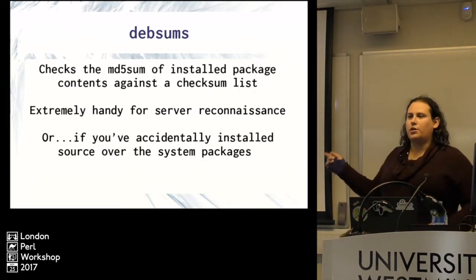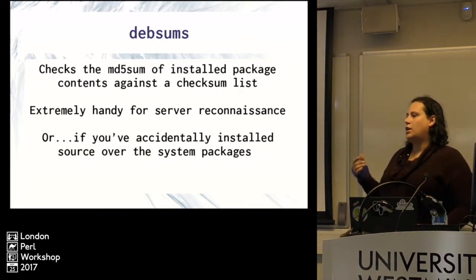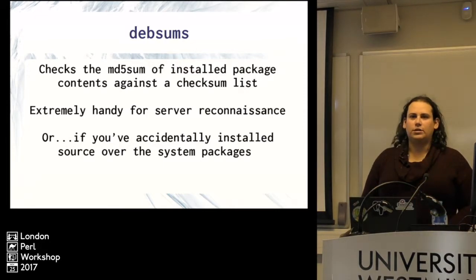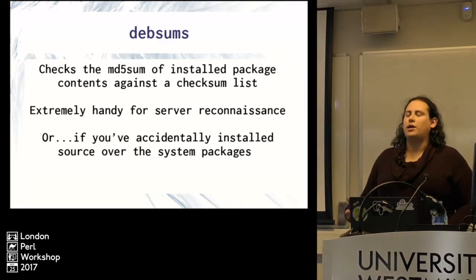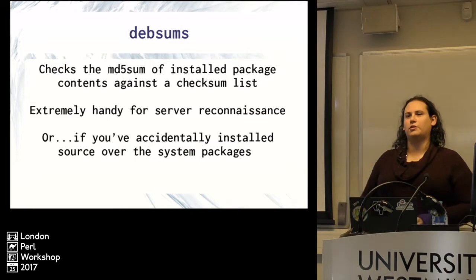And it's also good for the occasions where people have accidentally installed over system packages because, well, I've had developers who wanted to update Python, for example, and then did a configure prefix /usr make install, and then completely messed up their system.